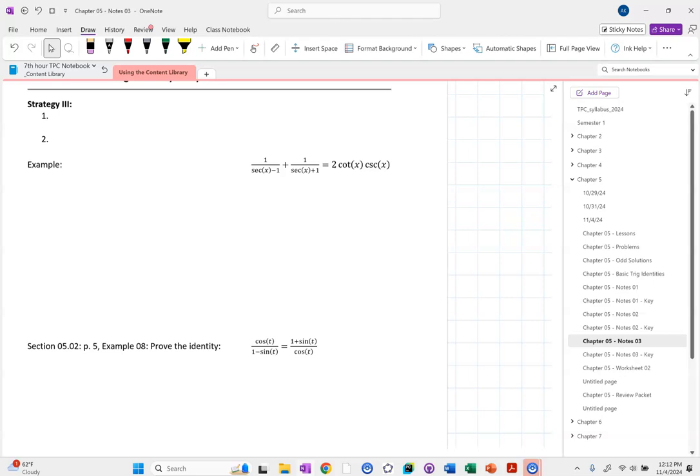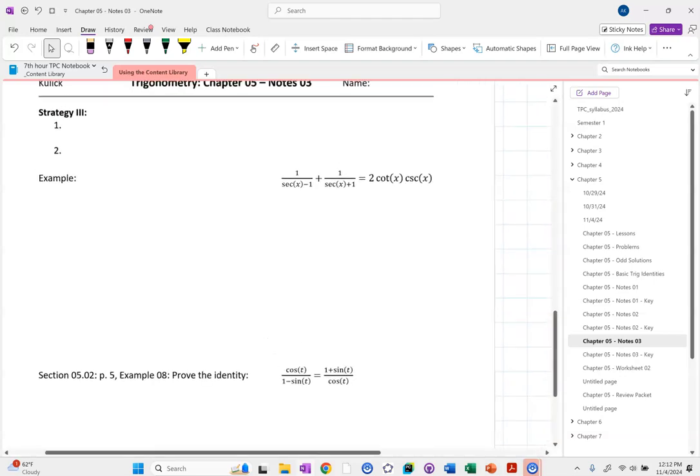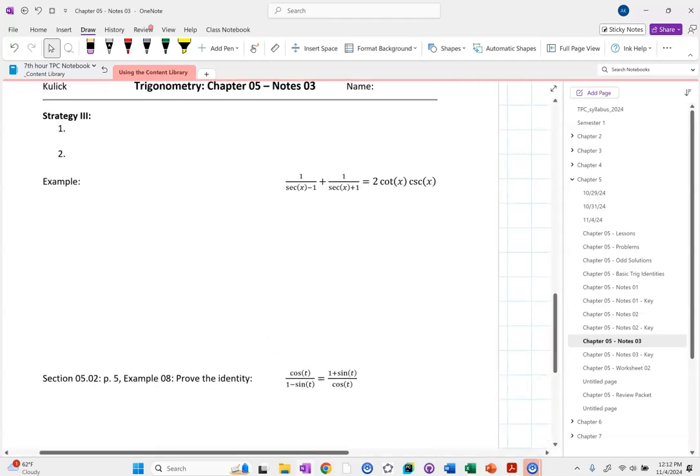Okay, Joey, which side do you think we'd want to start on, lefty or righty? Yeah, I agree. On the left side, I see two things. On the right, I see one thing. Two is more complicated than one. Good. And what do you think we should do first?